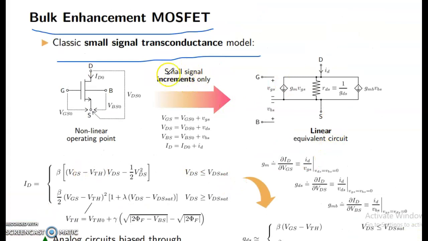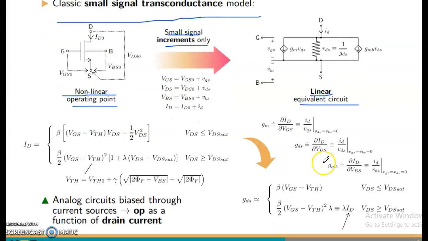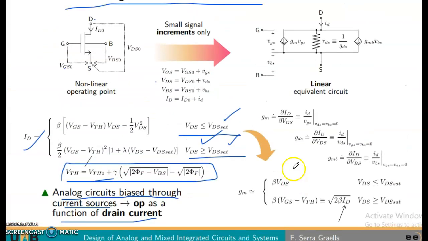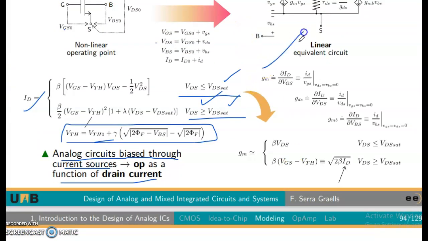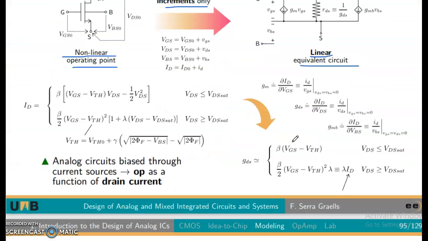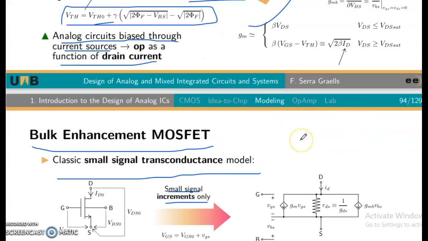Small signal increments only, linear equivalent circuit, non-linear operating point. Here in this GDS, GM we have seen, GM approximately. In this GDS, this condition also we have seen.